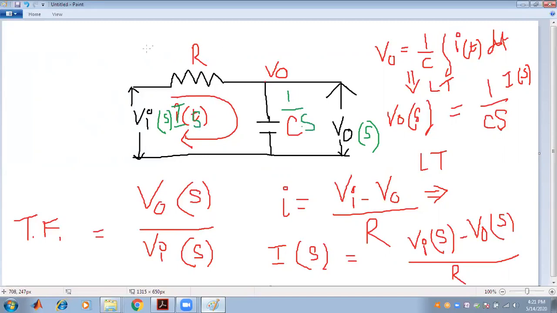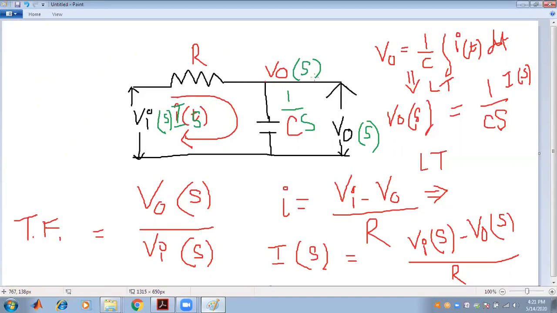So this is shifting the total circuit from the time domain to the Laplace domain. Let's see what changes are made when the circuit is transformed from the time domain to the Laplace domain.